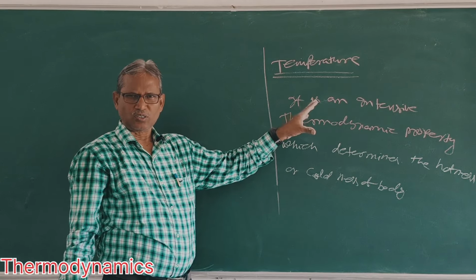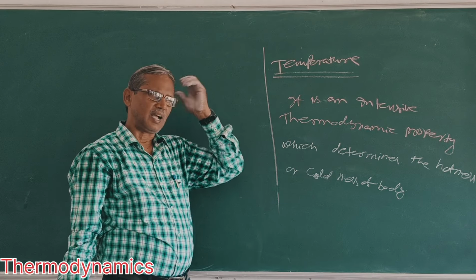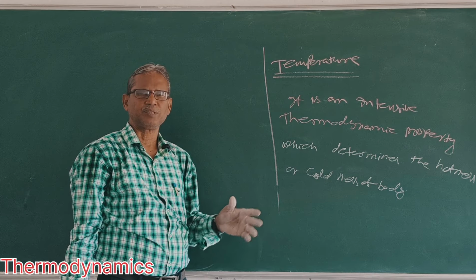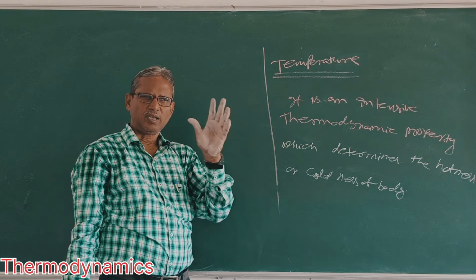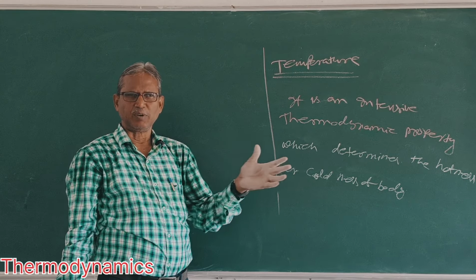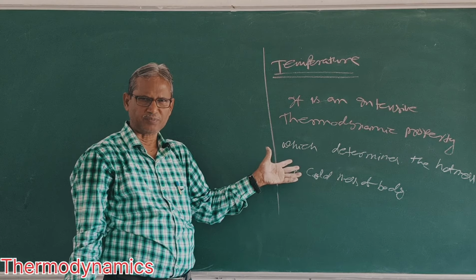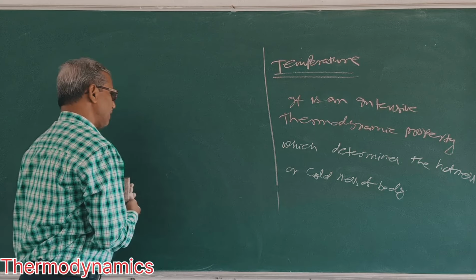A body at high temperature intensity is said to be hot. A body at low temperature is a cold body. Clear?